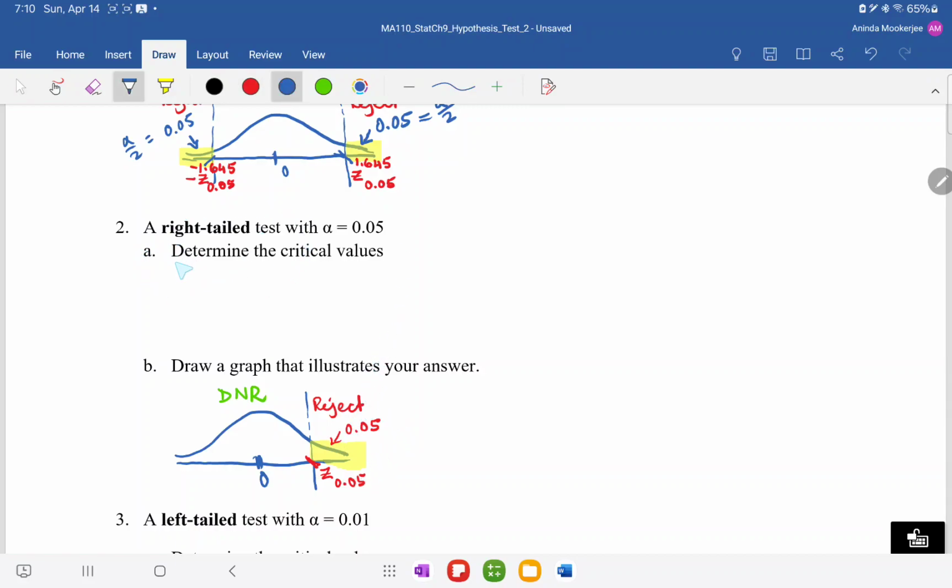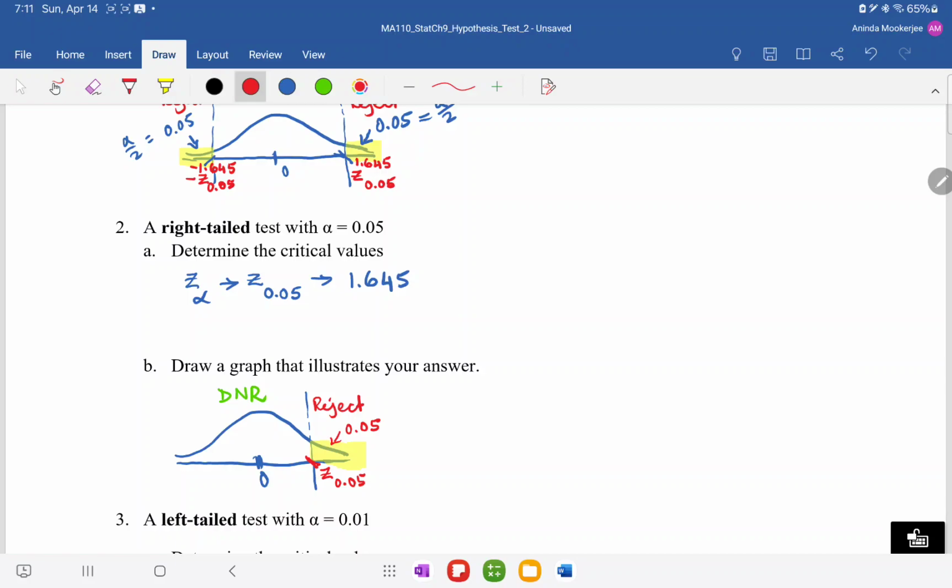So I'm going to go back and answer part A now. It says determine the critical values. Critical value for right-tailed test is going to be z of 0.05. You may write one more step here. So it's z of alpha, no alpha by 2, because this is a right-tailed test. So z of alpha, which is in this case z of 0.05, is positive 1.645.